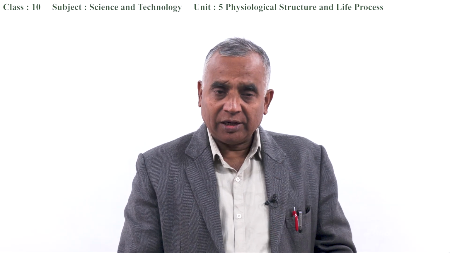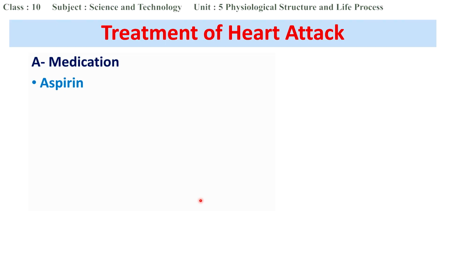And for these different purposes, these medicines are given. It is told that aspirin is the first step. Before reaching the doctor, the person should be given aspirin if the person has no allergy to it.